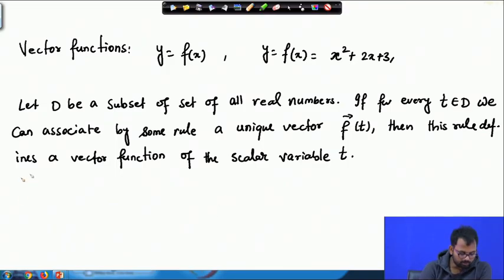Since a vector quantity has 3 directions, i, j and k, with the help of i, j and k we can write a vector quantity. Here this vector function f of t can also be represented with respect to those unit vectors i, j and k.